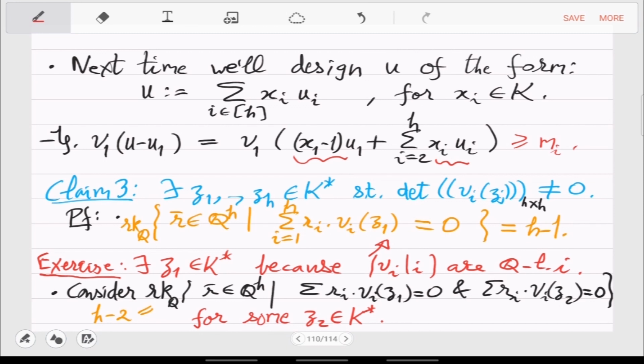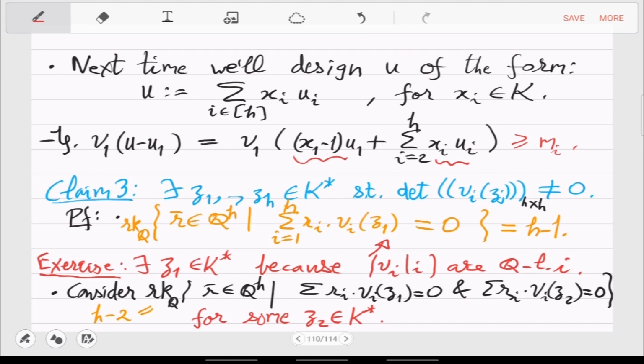So the second equation is a linear constraint in R bar, but now one less. So you only have R1 to RH minus 1. So you rearrange and you basically do what you did in the orange part, that there will be a Z2 because of the linear independence of V1 to VH. Because of the linear independence of that, there will be a Z2 such that the dimension is 1 less than the number of R's, which is H minus 1 minus 1.